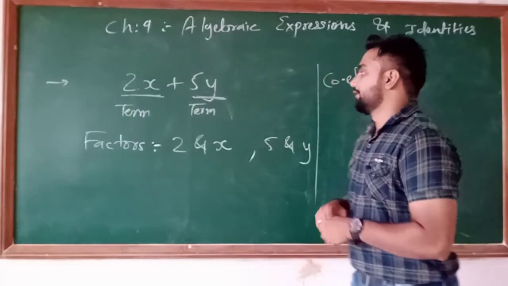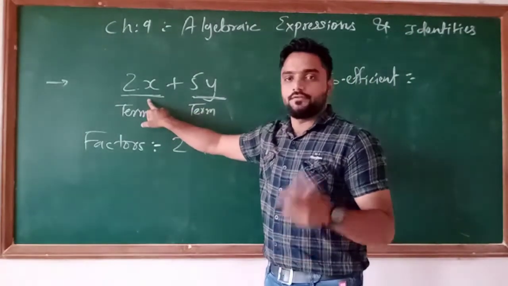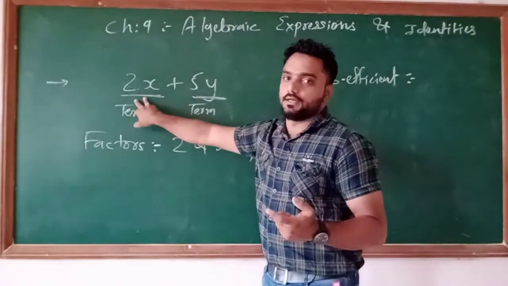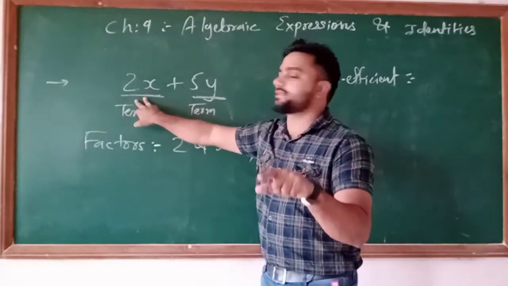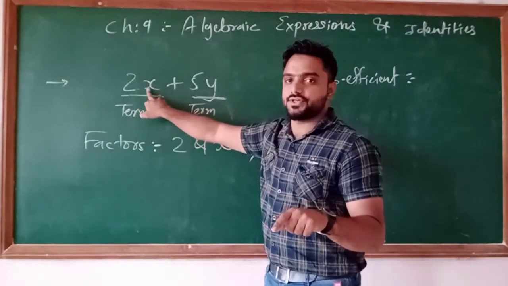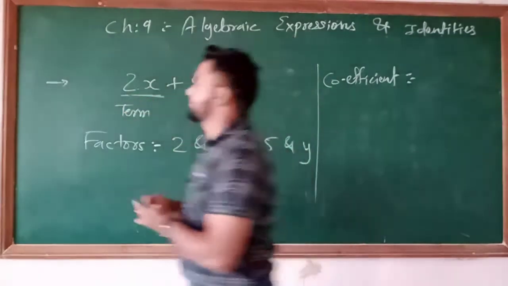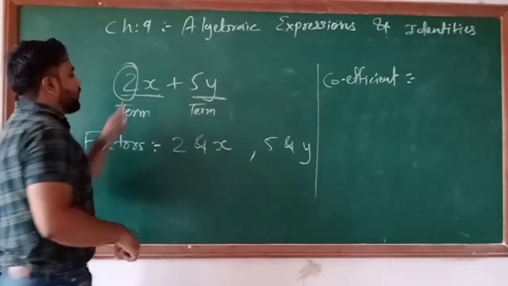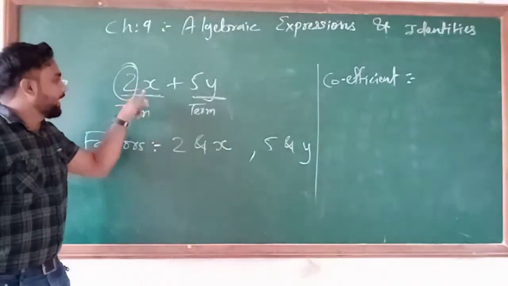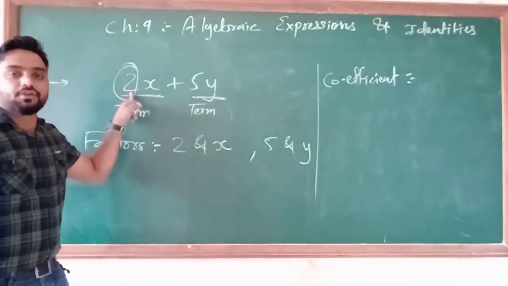Just like here, suppose I take the first term, 2x. Here the unknown number is x, that is the variable. The number that goes along with the variable, this one, is called the coefficient of x.